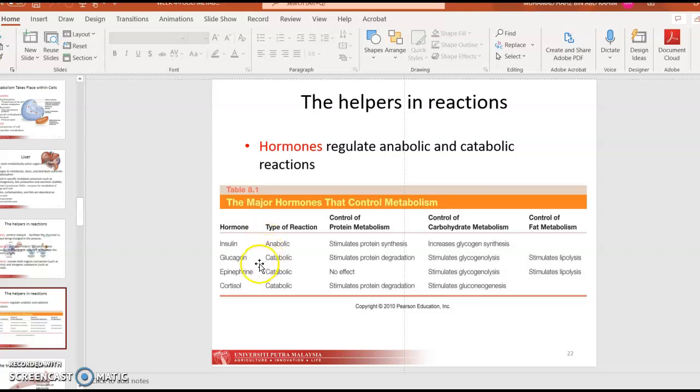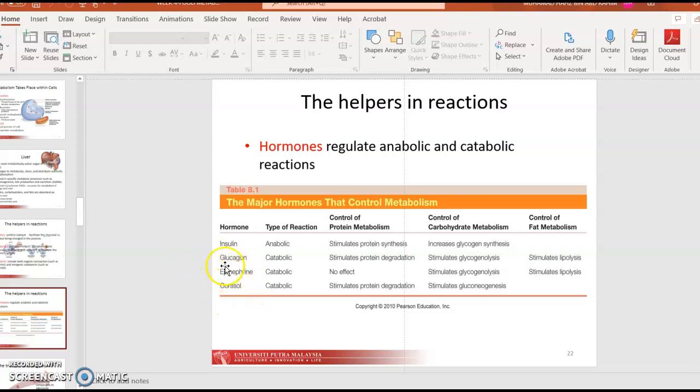But under fasting conditions, which happens probably in Ramadan because we don't eat any food, when we don't have enough glucose in the blood, glucagon will be released to break the fat into carbohydrate or glucose. Fat also can be converted to ketone bodies, the glycerol portion will be converted to glucose, and it can also break the glycogen to glucose.